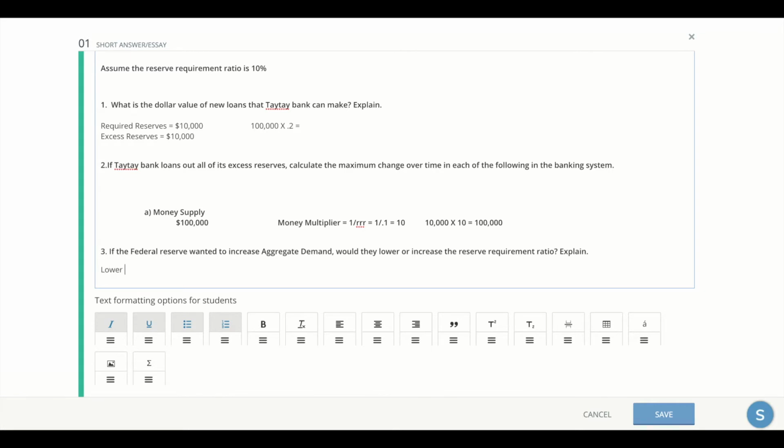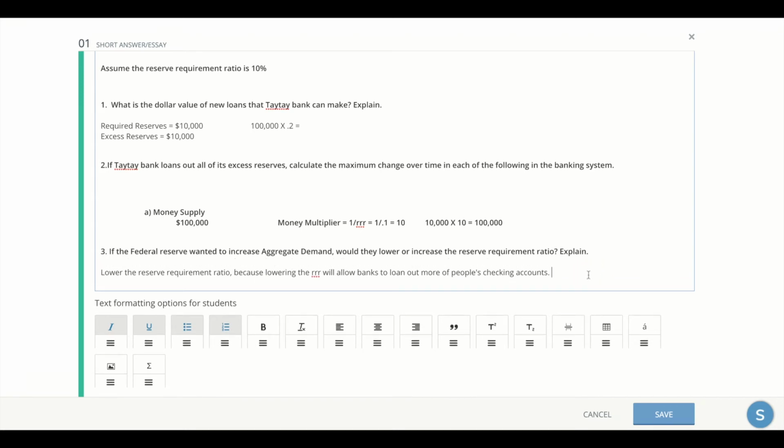To increase aggregate demand, they would want to lower the reserve requirement ratio, and that's because lowering the reserve requirement ratio will allow banks to loan out more of people's demand deposits, of people's checking accounts. So that'll lead to an increase in the amount of money that can be loaned out.